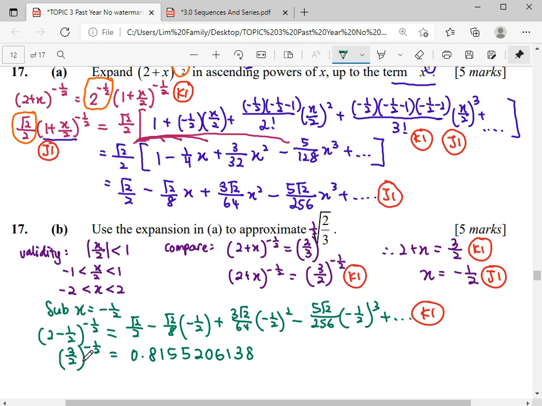Okay, so I have one more step to go, which is to inverse it. So inverse it, it becomes negative, negative, positive 1 over 2.